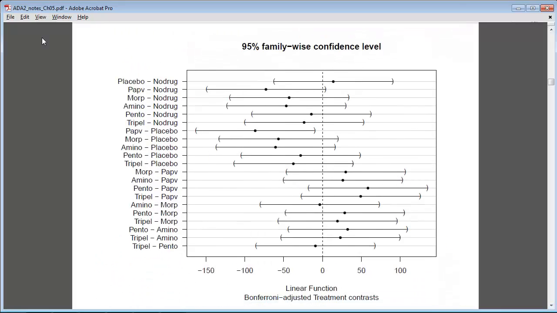And here are the means, the dots, between placebo versus no drug, for example, and then the confidence interval for the difference in means. And there's only one here, PAP-V minus placebo, where the confidence interval does not include the vertical line at 0.